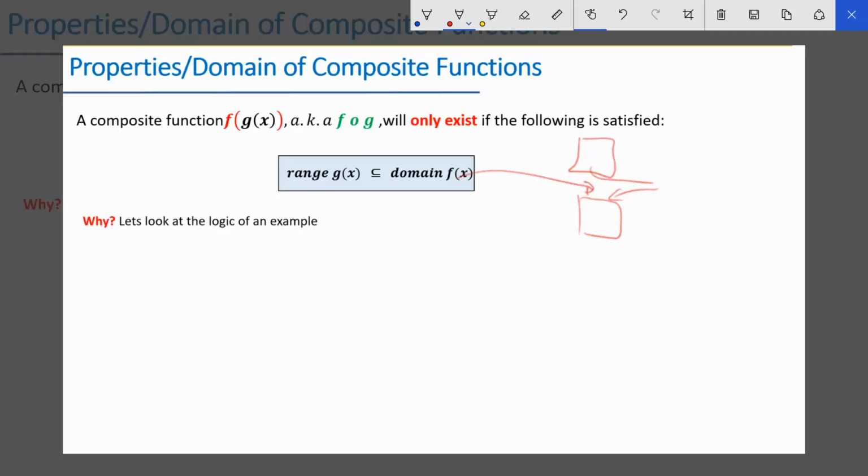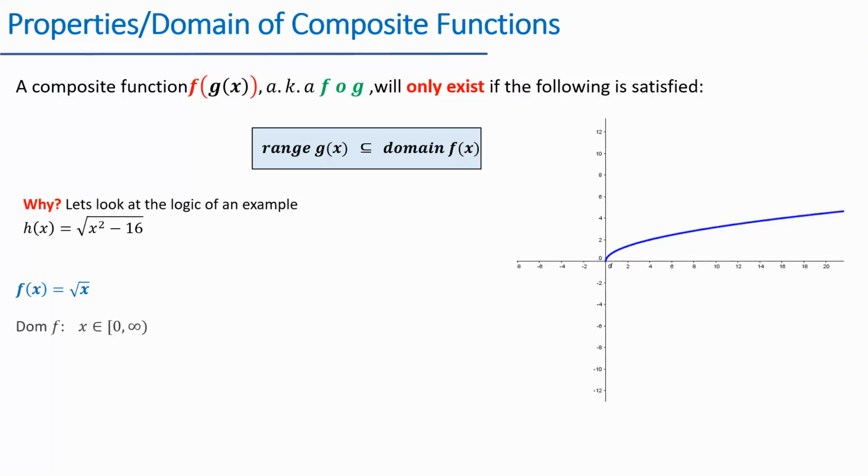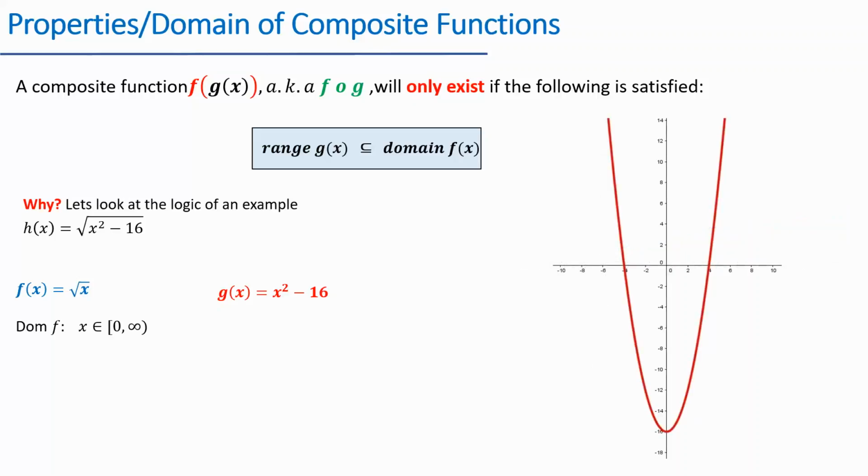Okay? So the example I gave in the PowerPoint, root of x squared minus 16, you can split this up into two functions. You've got a square root function and you've got a parabola, x squared minus 16, right? So here we go. This is a square root function, f of x, domain 0 to infinity. I've drawn it. Second graph, g of x is x squared minus 16, which looks like this.